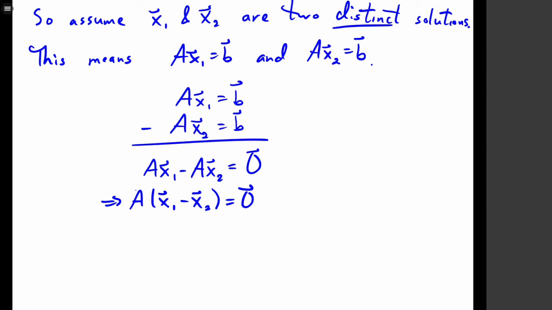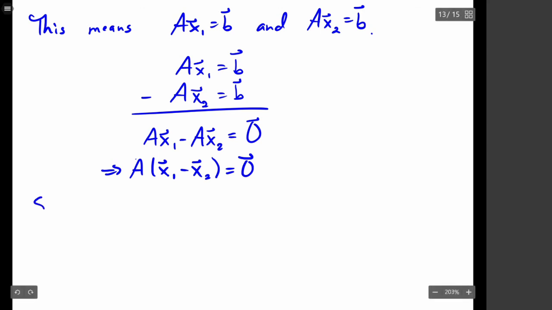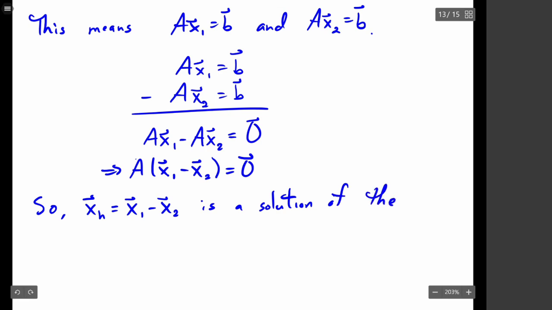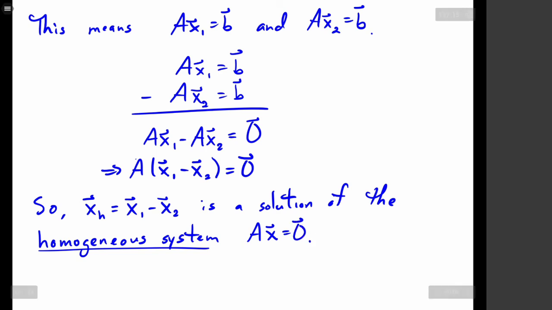So the vector, which we'll call x sub h, equals x1 minus x2, is a solution of the so-called homogeneous system, which is Ax equals 0. A homogeneous system of equations is just a system where all the constant terms are 0. Notice that 0 is always a solution of that, so there's always at least one. But now we have another one, the homogeneous solution x sub h.